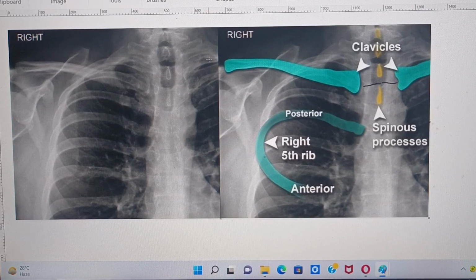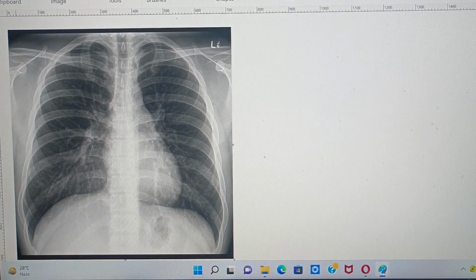If you want to count the ribs, this is the posterior end of the rib and this is the anterior end of the rib. The posterior end is usually seen attached to the transverse process of the vertebra. Again, you can see everything is good here.